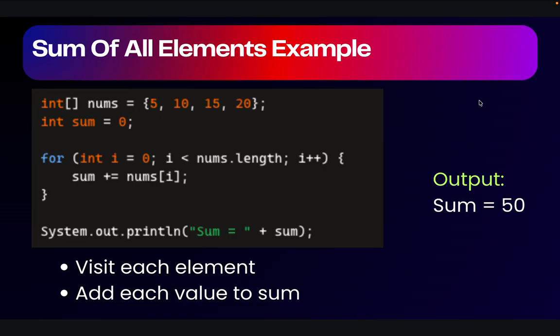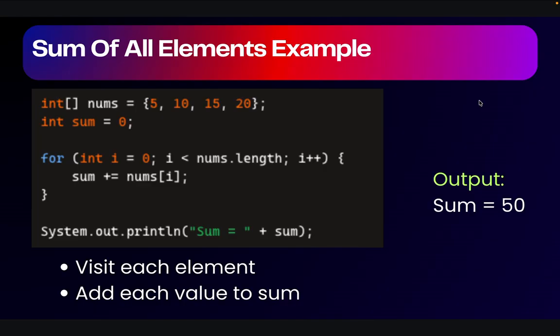So this is just finding the overall sum of different numbers in an array. One by one, it's going to access each element, and then add that value of the element to sum. So the loop will first add 5 to sum, then it will add 10 to sum, then it will add 15 to sum, then it will add 20 to sum.